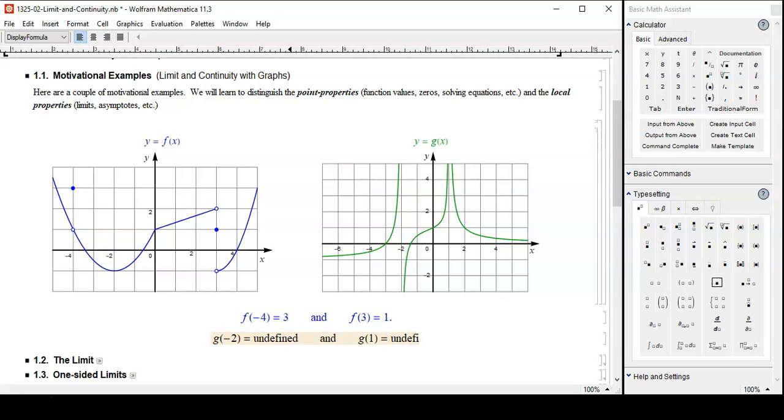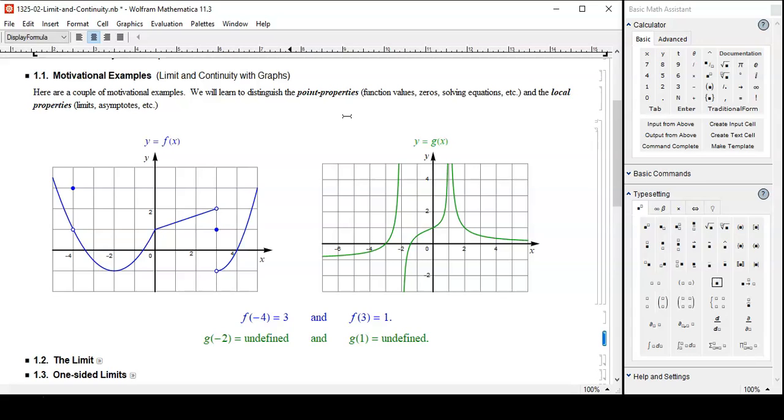Also undefined. That's what I get from the second graph. And if there were any dot somewhere here, then that y-coordinate would have been the function value. But then again, these are point properties. Just looking at a single x-coordinate value and a single point.